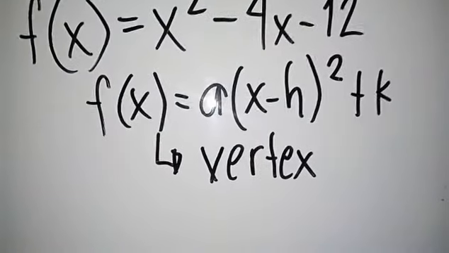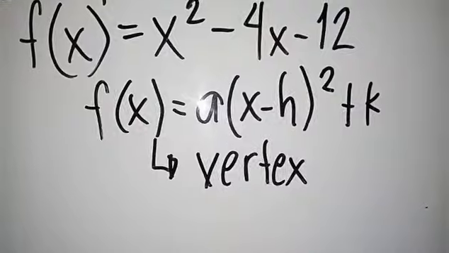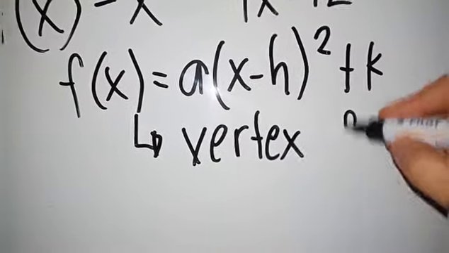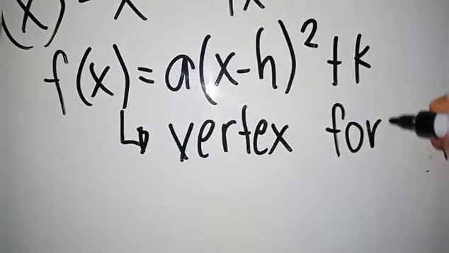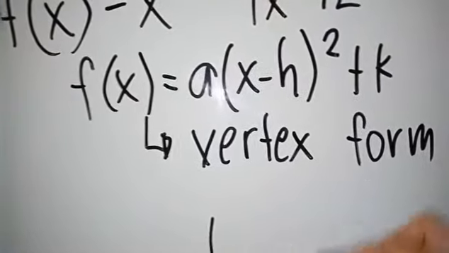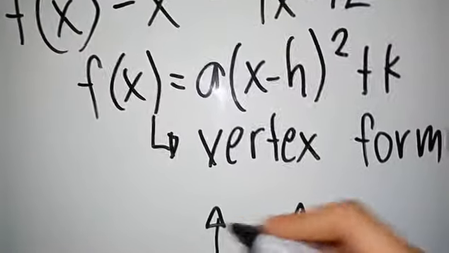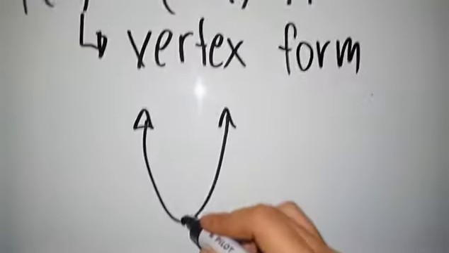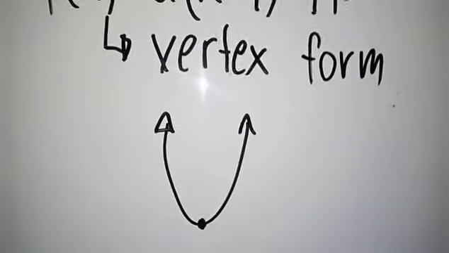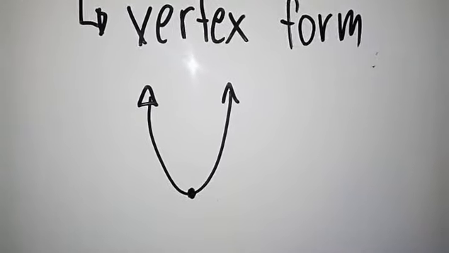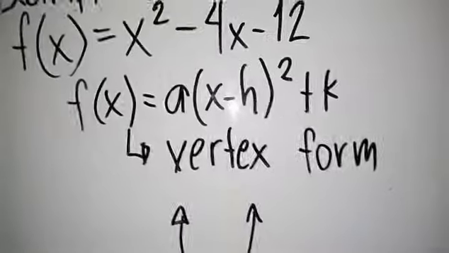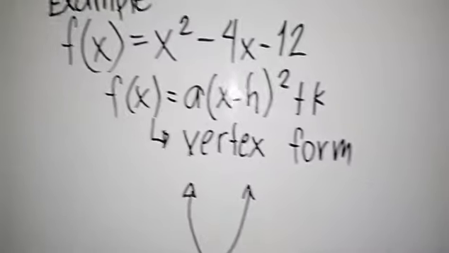So, kapag sinabi nating vertex, ito yung turning point of our parabola. So, kunyari, ito yung ating parabola. Ito yung ating vertex. So, ito magagamit natin into graphing quadratic function.